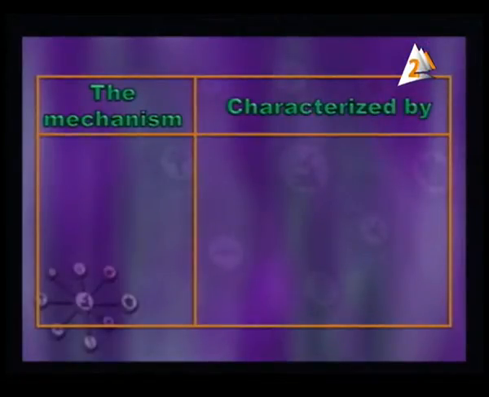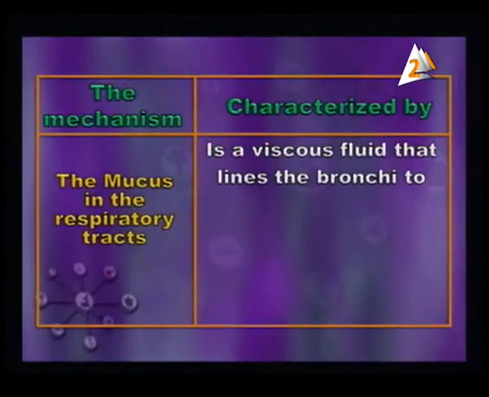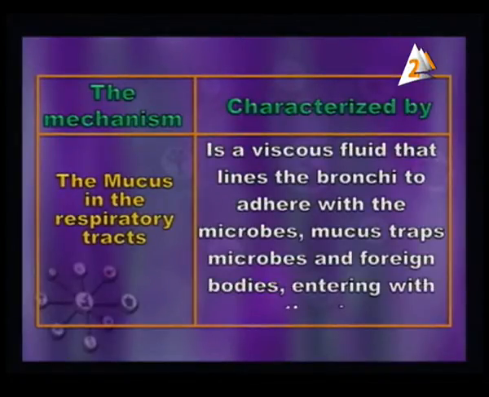Another part is the mucus in the respiratory tract. It is a viscous fluid that lines the bronchi to adhere to the microbes. Mucus traps microbes and foreign bodies entering with the air.